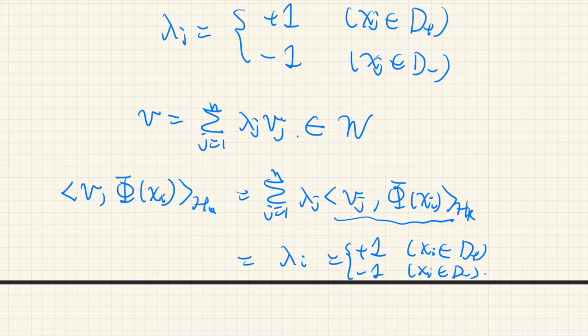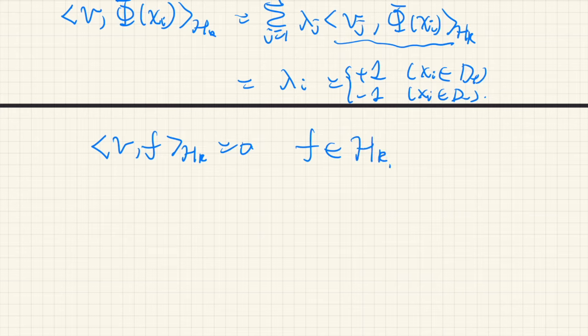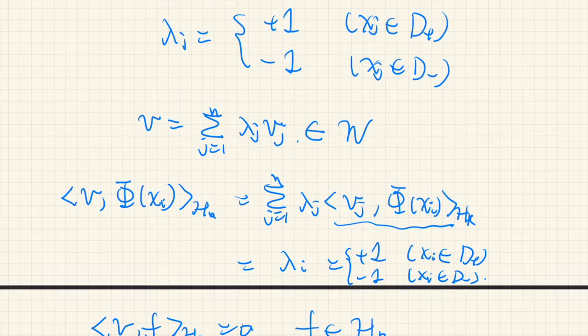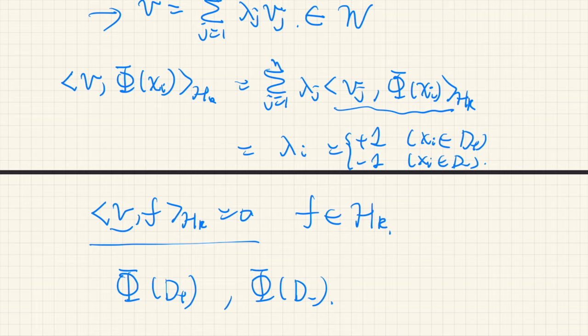So this means the hyperplane <v, f>_K equal to 0 defines a hyperplane where f is the variable in the Hilbert space. So this linearly separates the sets phi of D+ and phi of D-. So this v is the v we were looking for, and we are done.